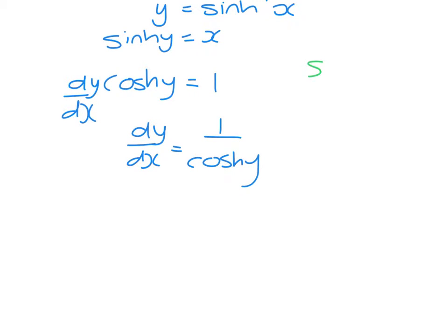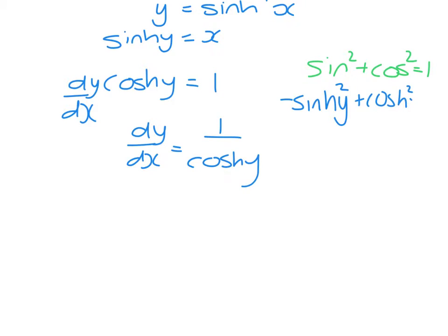Now we know from our trig that sin squared plus cos squared equals 1, but we know when we are working with hyperbolic functions that if we have a double sine, then we have to change the sign. So that will be minus sinh squared y plus cosh squared y equals 1, which means that cosh squared y would equal 1 plus x squared.